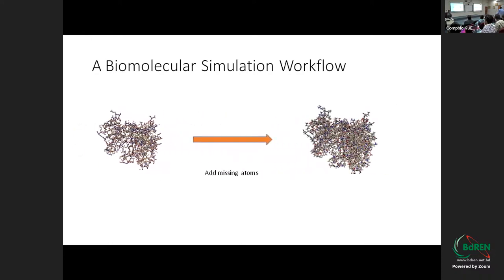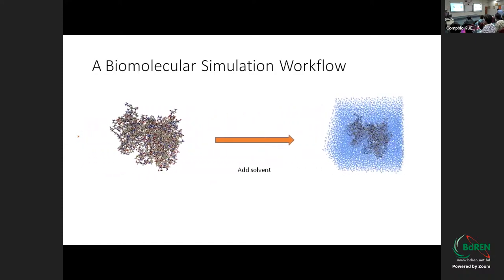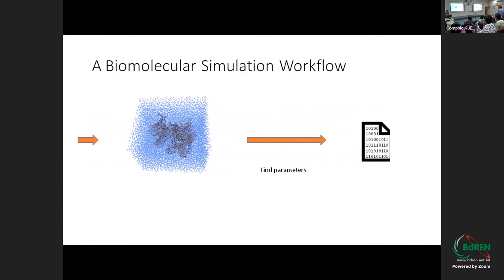Once you start with a structure, in the case of an experimental structure, sometimes you'll have missing atoms, so we add the missing atoms. And then we add solvents, because everything in our cell has solvents there. Those are the typical steps.